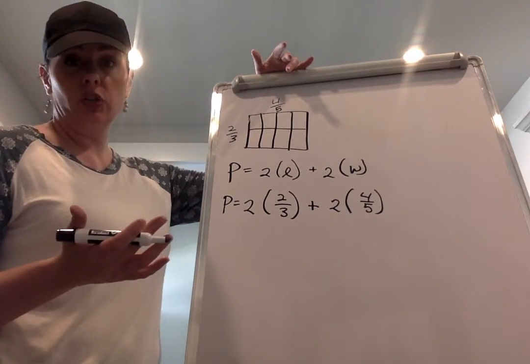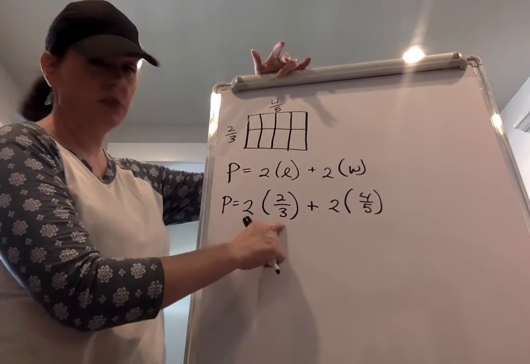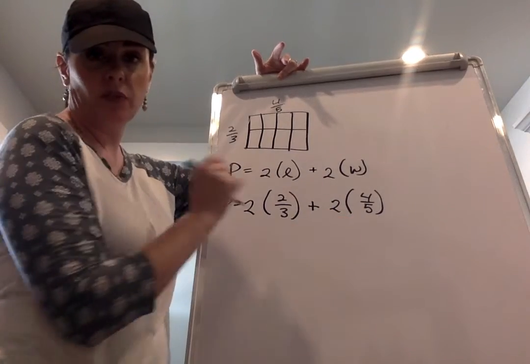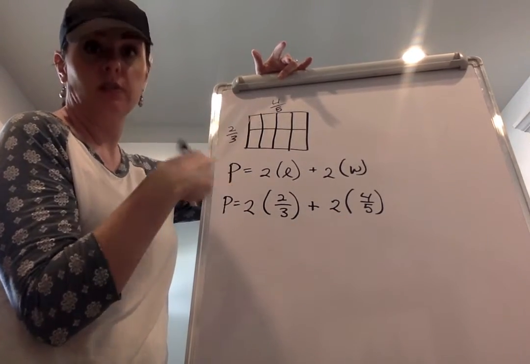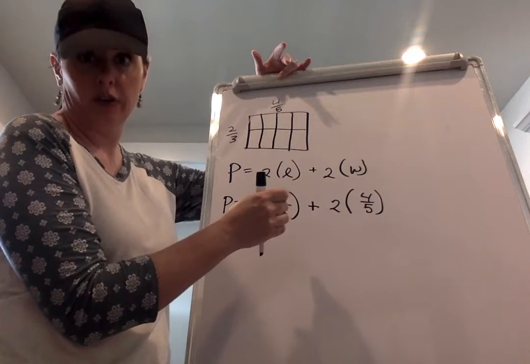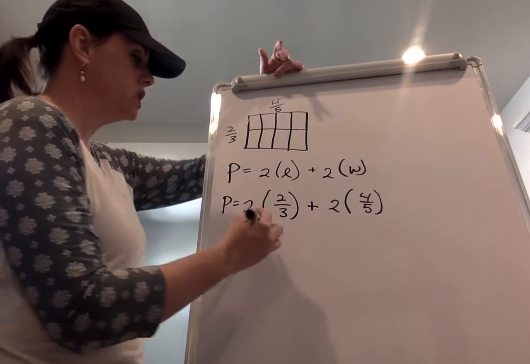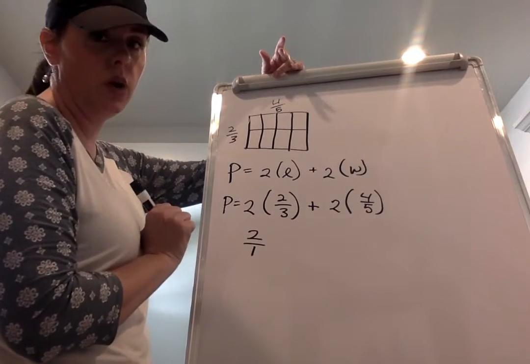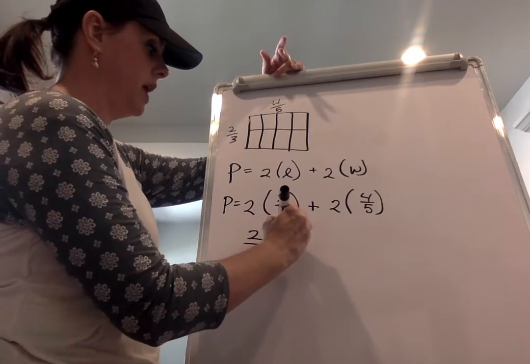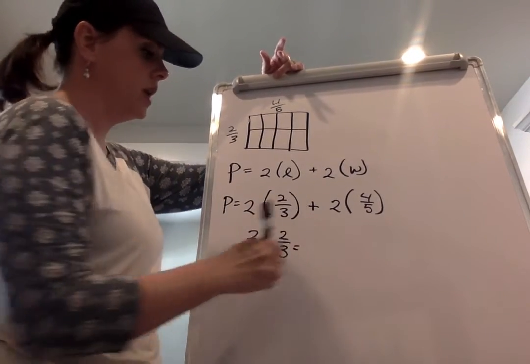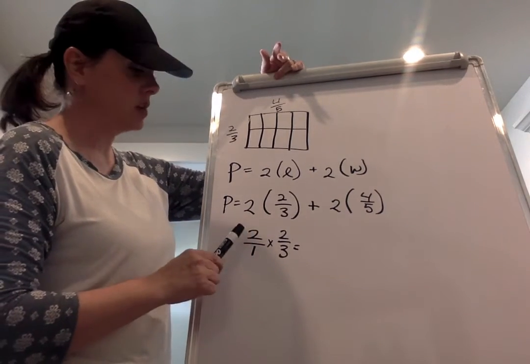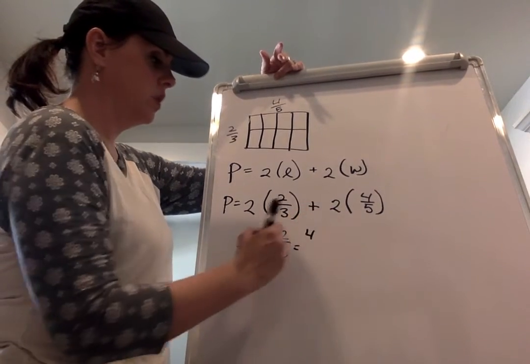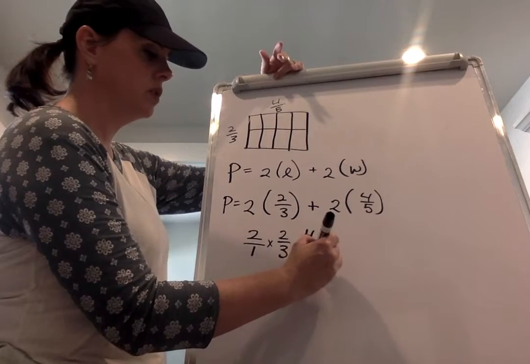So now we've got to do some multiplication, right? We have 2 times 2/3 and we have 2 times 4/5. Let's figure those out right now before we can add together, correct? Okay, so we've got 2 times 2/3. I'm going to turn that one into a fraction, 2/1, so that I can multiply. Okay, we multiply straight across. 2 times 2 is 4. 1 times 3 is 3.